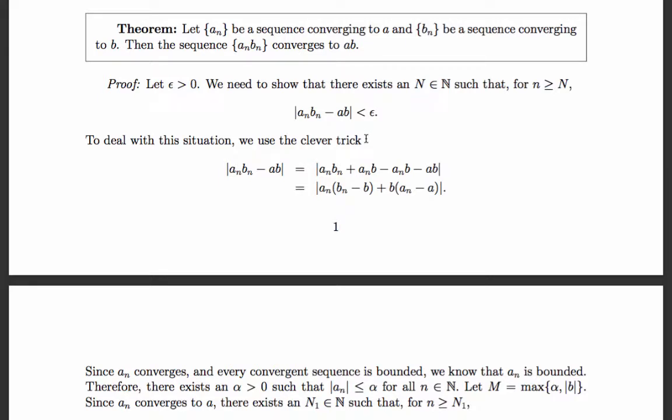So maybe it's not so straightforward as before, and it was only straightforward because we've proven things in that style a few different times already. We have to be a little tricky in how we add 0.